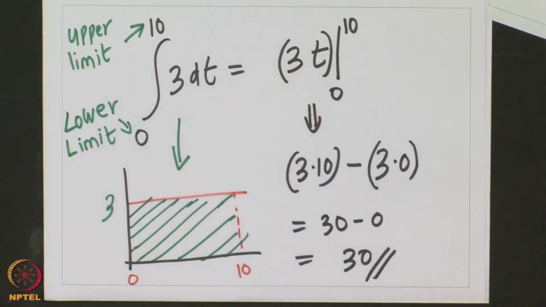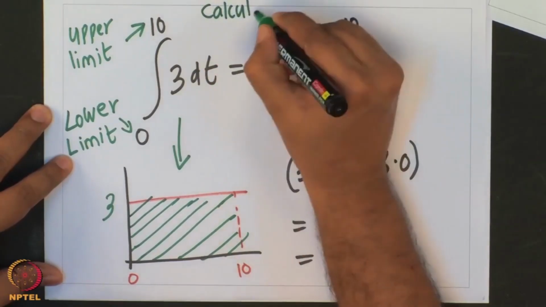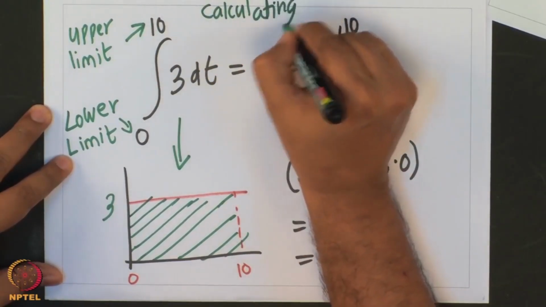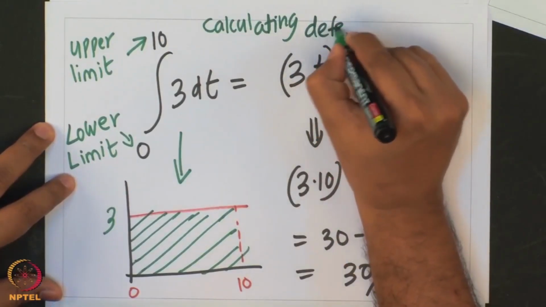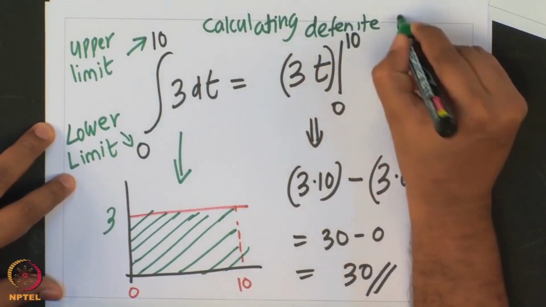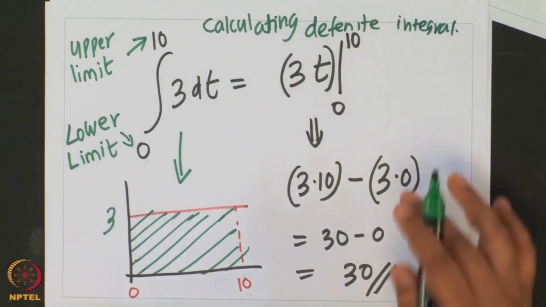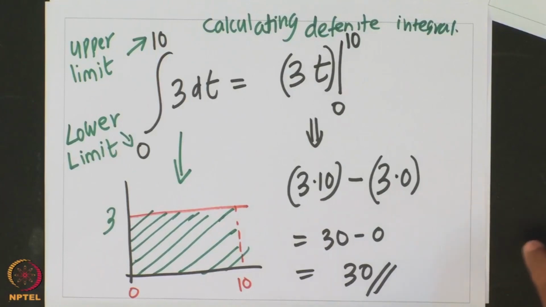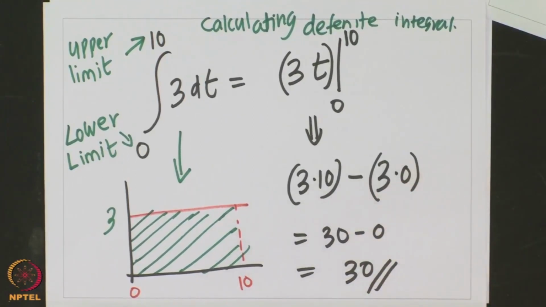So this is the way of calculating a definite integral. What we did was essentially a method of calculating a definite integral. That's what we did. So this is called the definite integral.